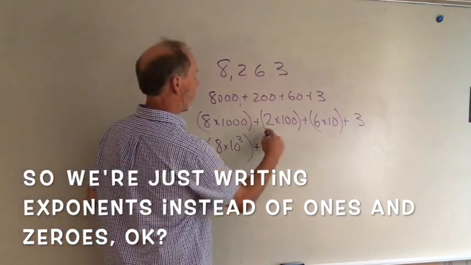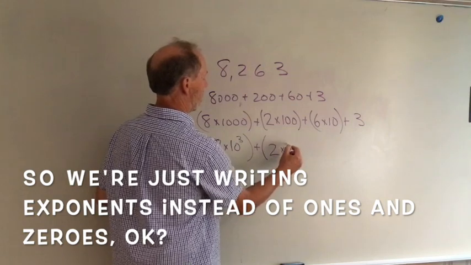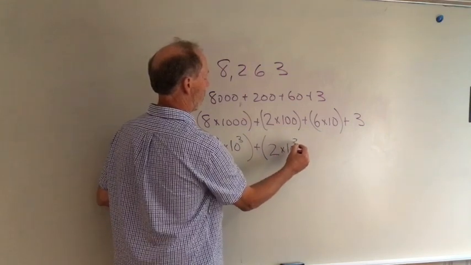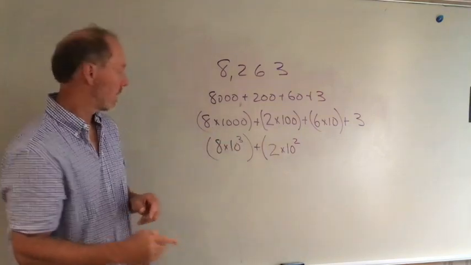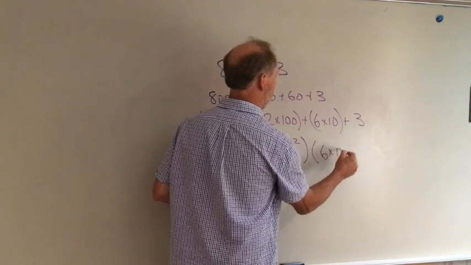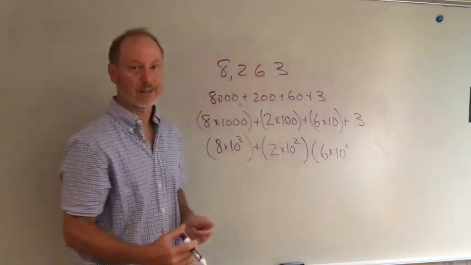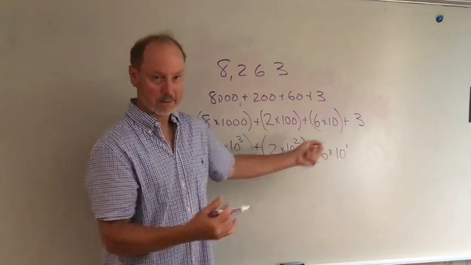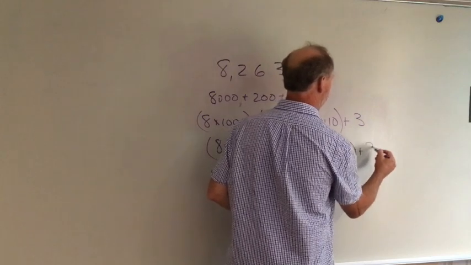And now instead of 2 times 100, let's write 2 times 10 to the second. 1, 2. 100 is 10 to the second. 10 times 10. And 6 times 10 to the first. That's just 10. 10 to the first is just 10. And this is the especially tricky part.